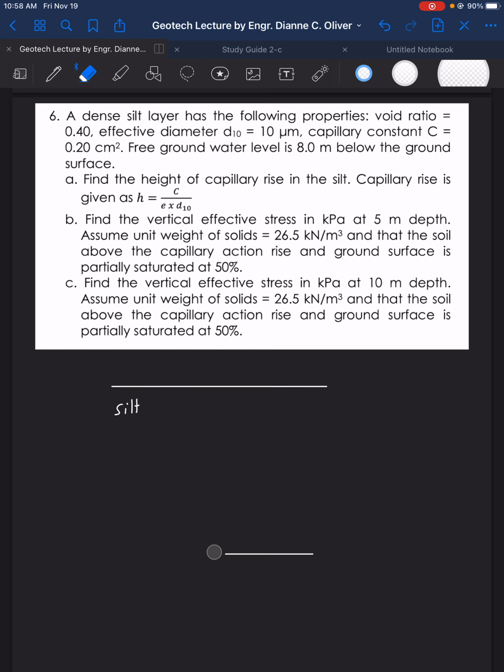So let's change this into a color blue. Say this is the groundwater surface, or let's just say this is the water table. And it's located 8 meters below the ground surface.